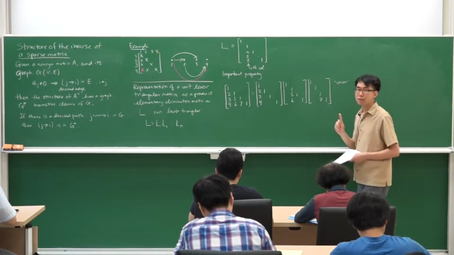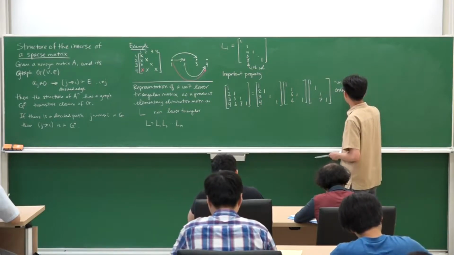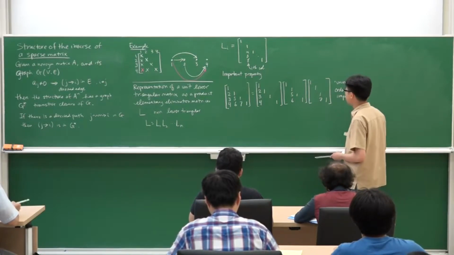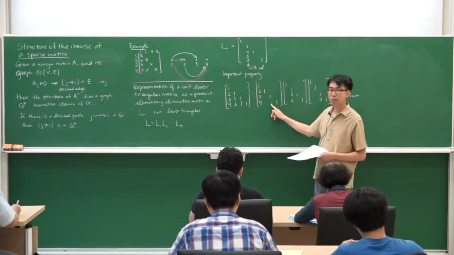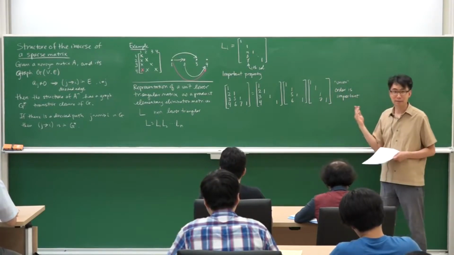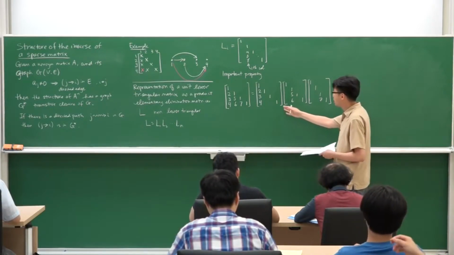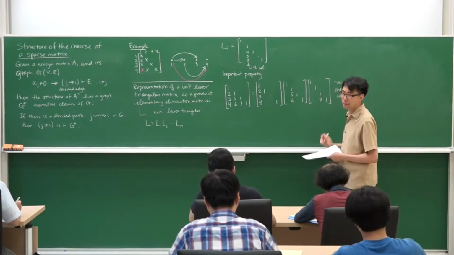However, the order is very important. Meaning, if we try to multiply this one times this one and times this one in a different order, then we don't get this result. So we have to multiply it in this order, basically in increasing i.